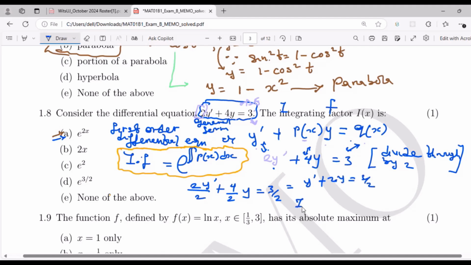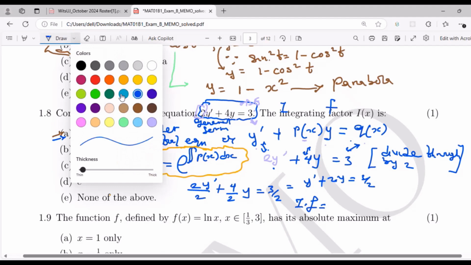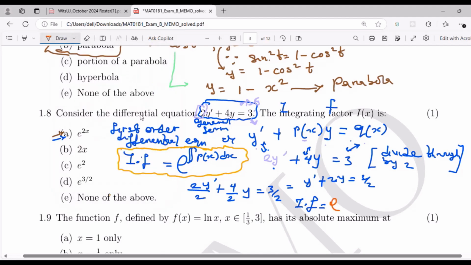So your integrating factor will now be, going from this formula, exponential integral. Since your differential equation is now the same as theirs, what you just need to do is say your own p is 2.